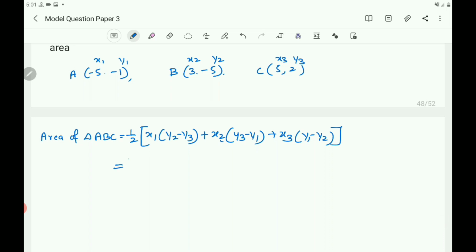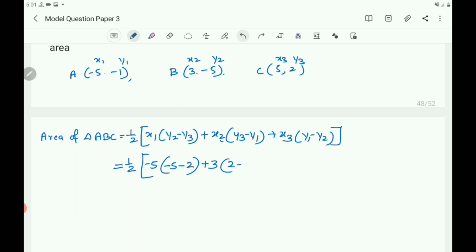Then you write half into x1. x1 is minus 5 into y2. y2 is also minus 5 minus y3. y3 is 2, plus x2. x2 is 3 into y3. y3 is 2 minus y1.